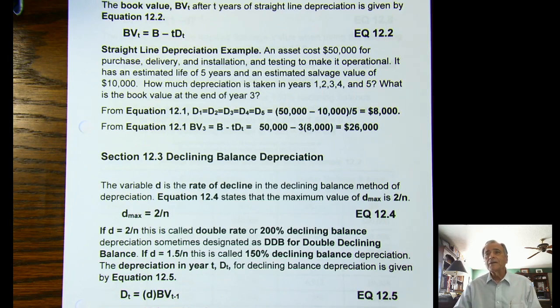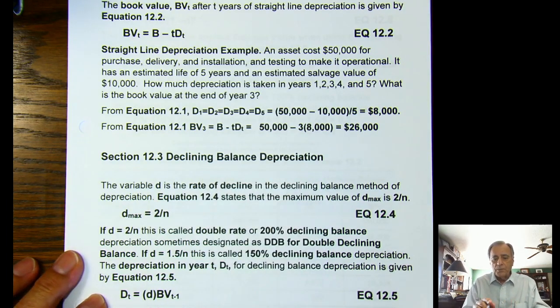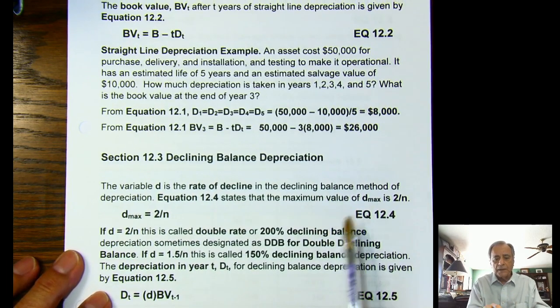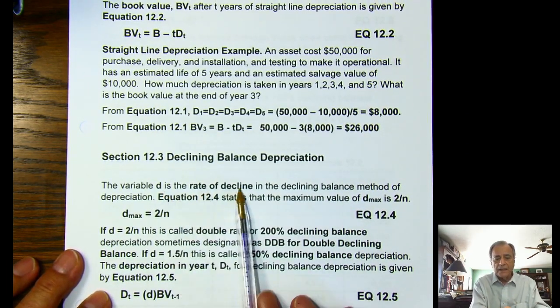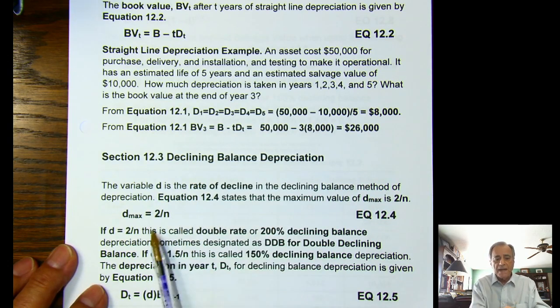Okay, and so in the declining balance method, we come up with something called the rate of decline, D. Okay, and D can be any number between 0 and 2 over n. That's the maximum value of D, 2 over n.